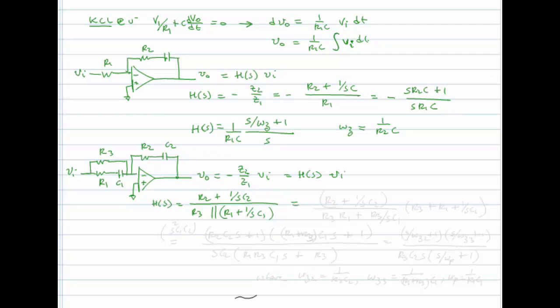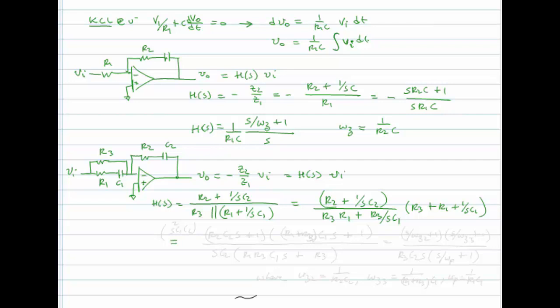And we can work with this a bit. Let's see, we're going to write R3 times R1 plus R3 over SC1, the whole thing divided by the sum of the impedances, which I'm going to put up on top. It'll be R3 plus R1 plus 1 over SC1.